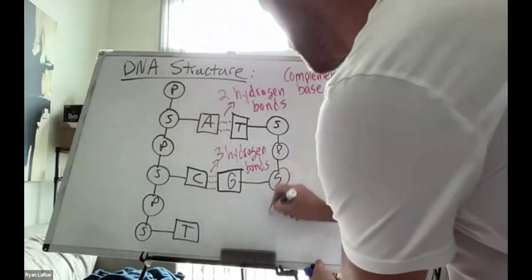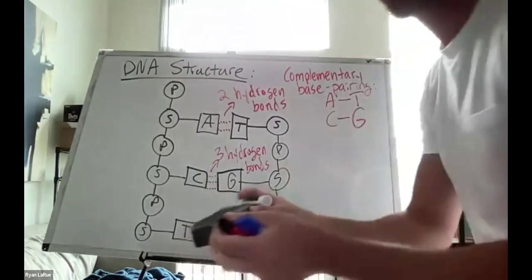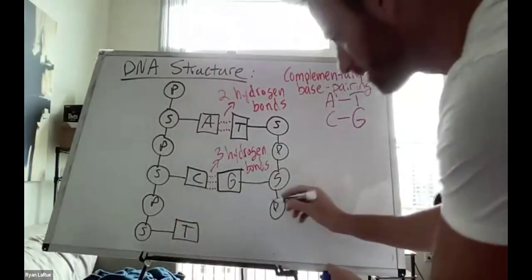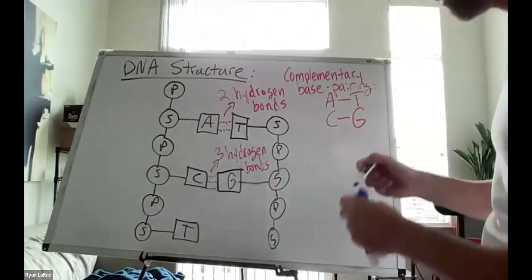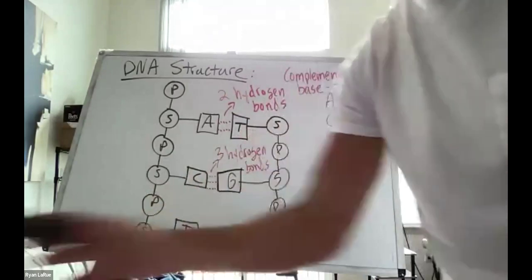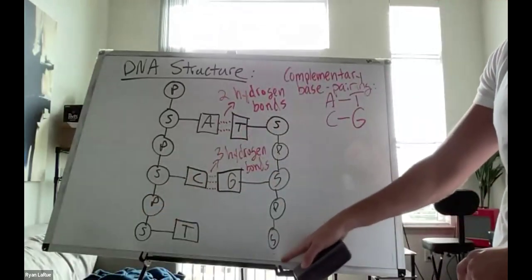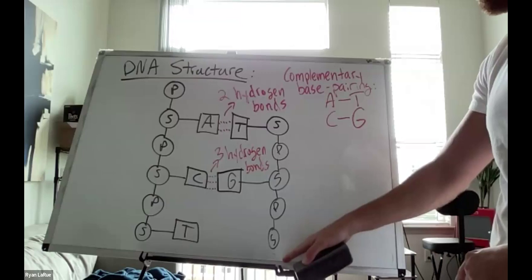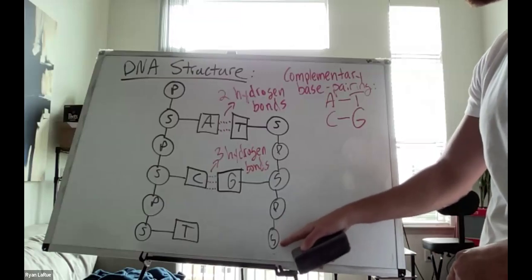Lastly, we've got another phosphate. I'm running out of room here, so bear with me. We'll have a phosphate, a sugar, but I've got to make it a little smaller because, very importantly, we'll have another phosphate sticking down here, because this last nucleotide can't just be one sugar and a base.